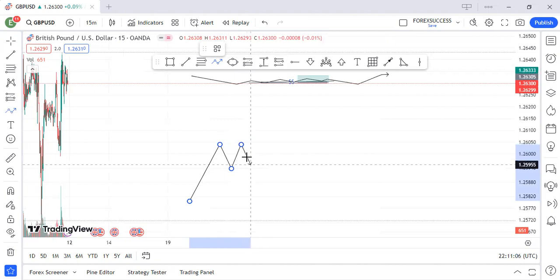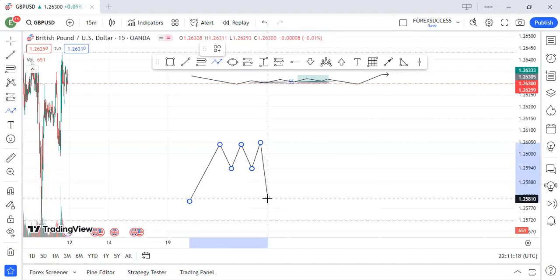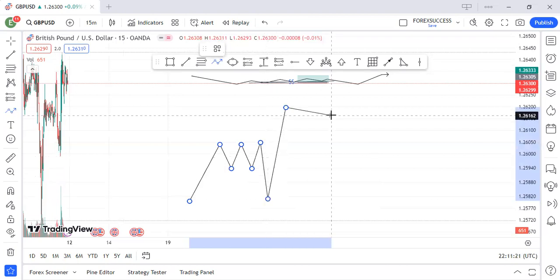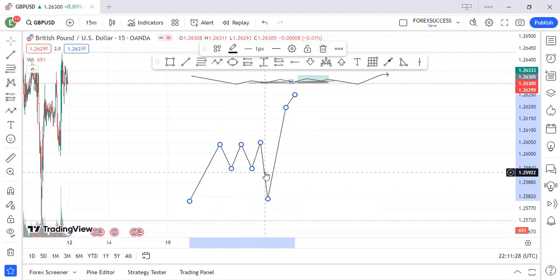Then he took a buy here, it gave him a few pips and then swept him out, and then price went up, right? So two things have happened here: price has swept this buy side liquidity and also this excess liquidity.